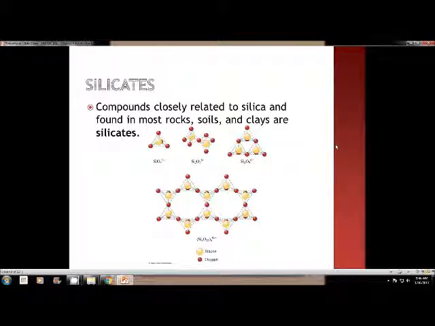There are many different types of silicates which have silicon and oxygen bonded together. This picture is based on the SiO4 with a -4 charge tetrahedral structure and how you can join them together to make a big covalent structure.